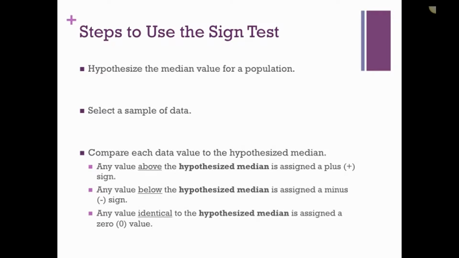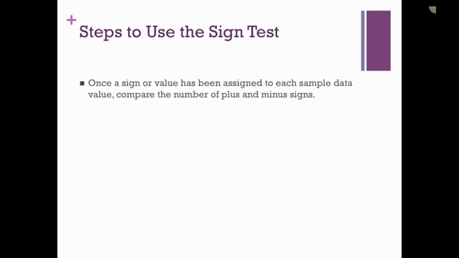And for those values that are the same as the hypothesized median for your sample of data, you assign a 0 value. Once you've given a sign or a 0 value to each piece of data for your sample, you're going to compare the number of plus and minus signs that you have throughout your sample.